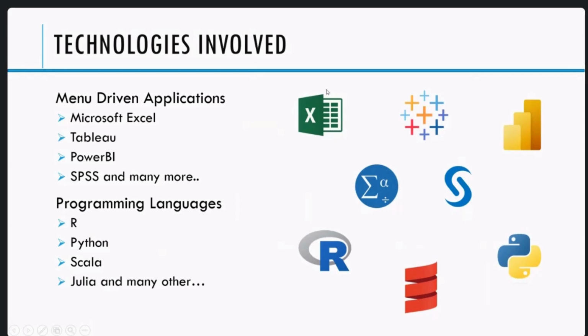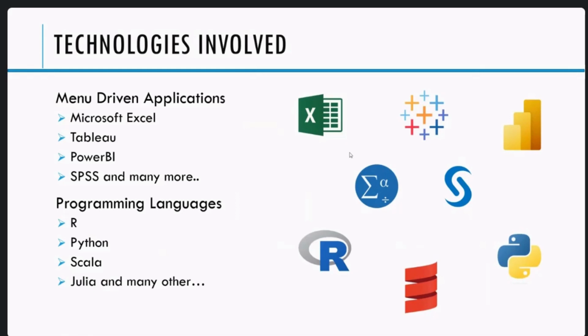Those are Microsoft Excel. You can identify this logo, this is of Microsoft Excel. Then Tableau, Power BI, SPSS, SAS. All these are menu-driven applications, but they have some limitations.